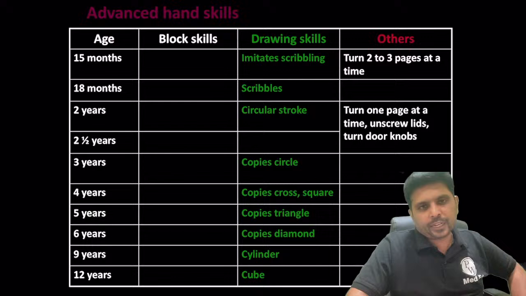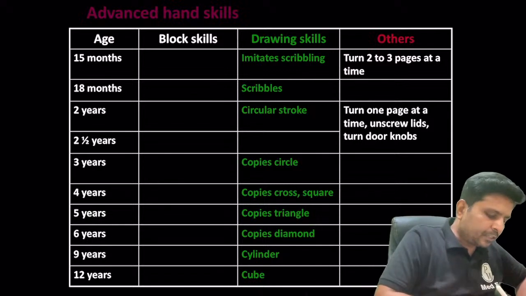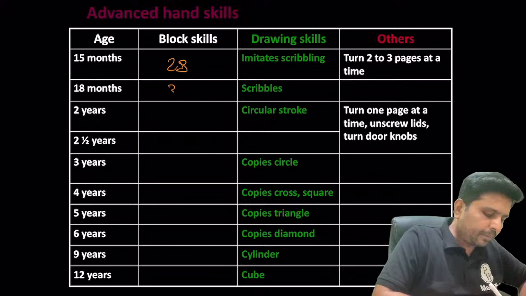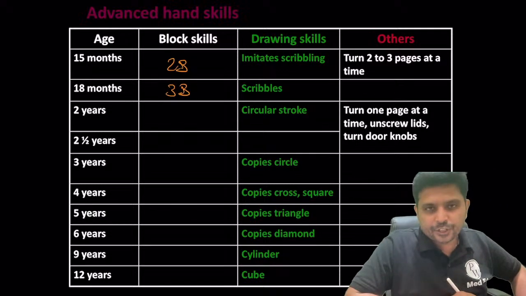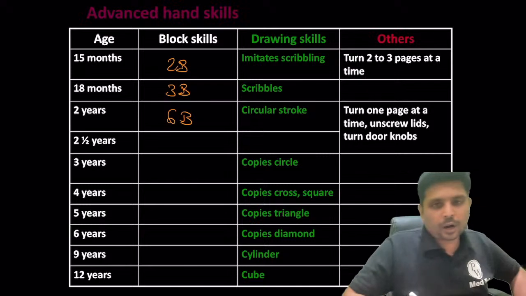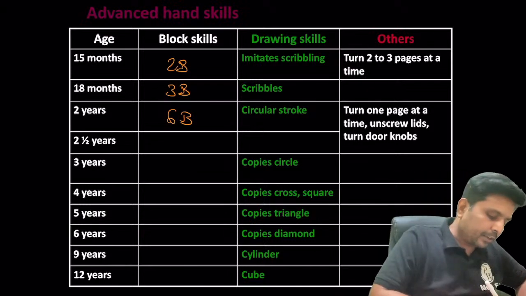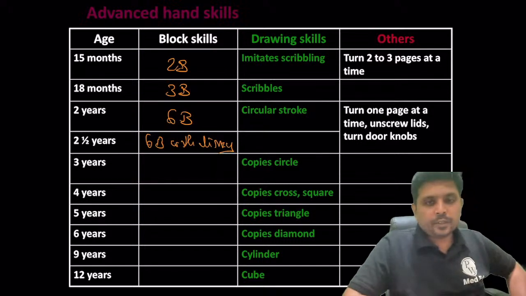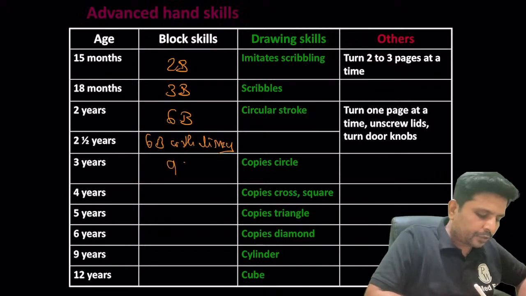Again, block skills. 15 months, 2 blocks. 18 months, 3 blocks. By about 2 years, 6 blocks. 2.5 years, 6 blocks with the chimney. 3 years, 9 blocks.